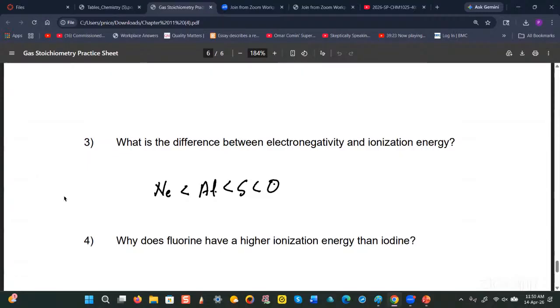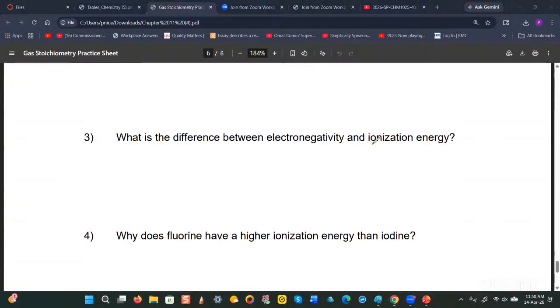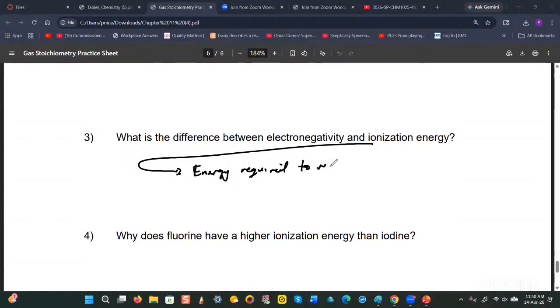So this is ionization energy: the energy required to remove an electron from a gaseous atom.